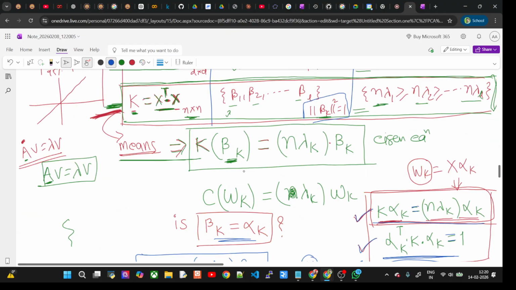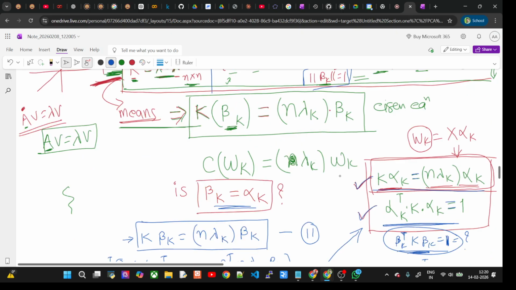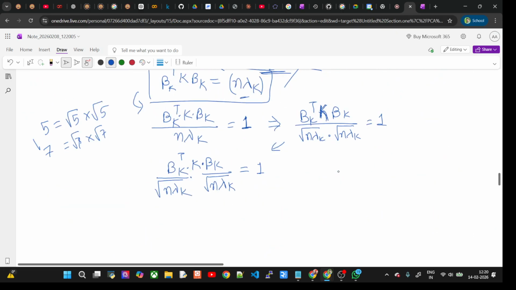So we are trying to think whether this beta and alpha have some kind of relation, whether they are relating to each other. From this solution we understood that alpha k is nothing but, because you know that alpha k transpose K alpha k equals 1.